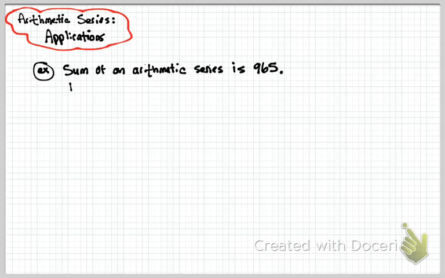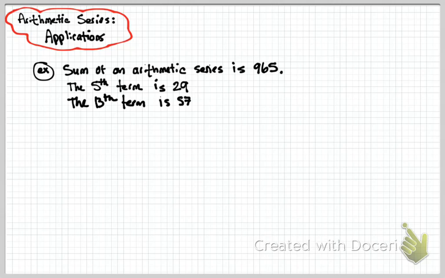The fifth term in the sequence is 29. And the 13th term is 57. Question you need to answer is how many terms in the sequence or the series?